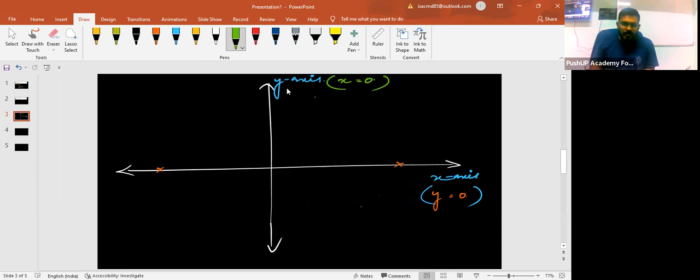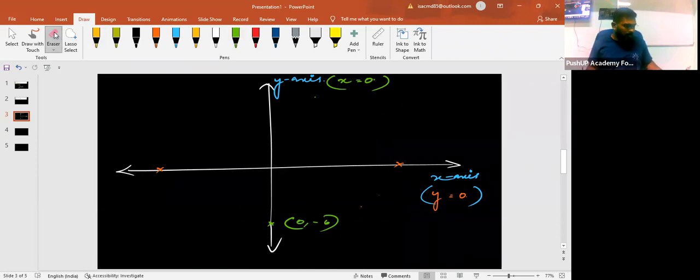Now you take a point over here. Say for example, I took a point over here whose coordinates are 0, comma minus 6. What is the x coordinate? It's a 0. No matter wherever you take on the y-axis, it will remain a 0. Okay, so the x-axis is y is equal to 0 and the y-axis is x is equal to 0.